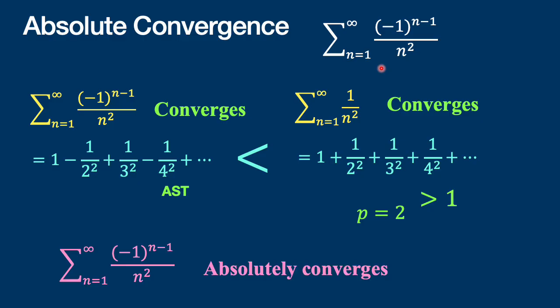So you have two series right here. The original series is an alternating series. You make all the terms in the series positive. Then you have a P series right here that also converges. We will say this alternating series converges absolutely. Very powerful convergence, guys.